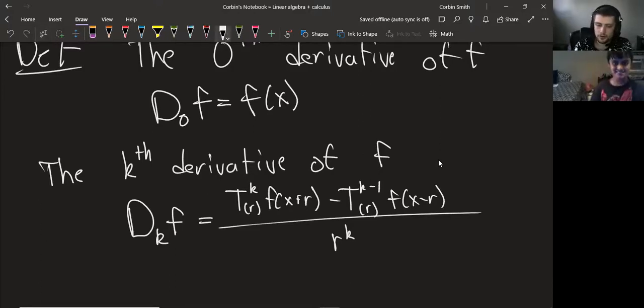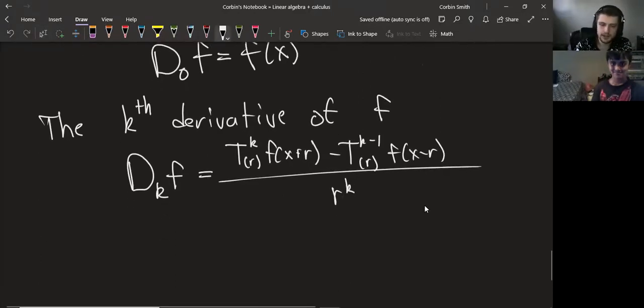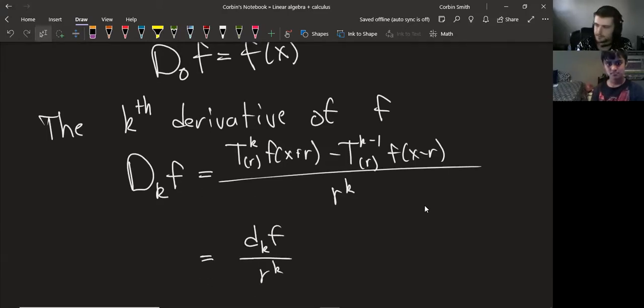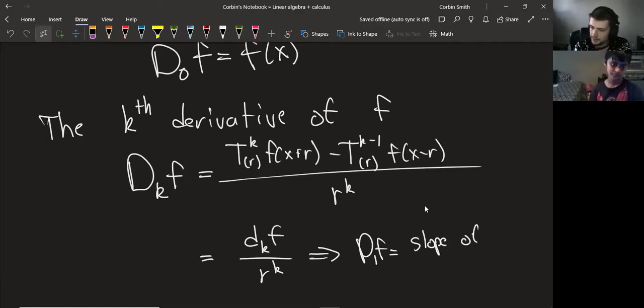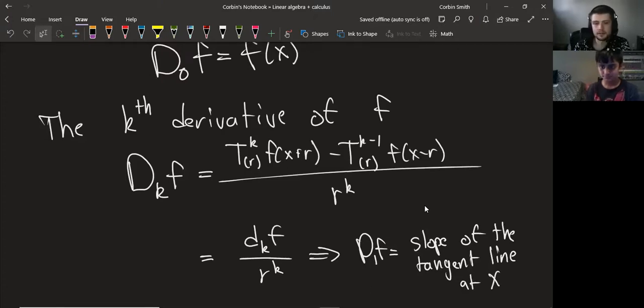One thing you should notice is that this is actually equal to dk of f divided by r to the k. And so D1 of f is equal to the slope of the tangent line at x, fixed x.